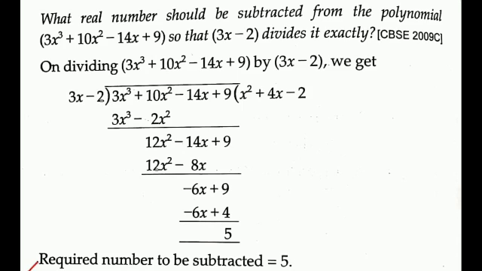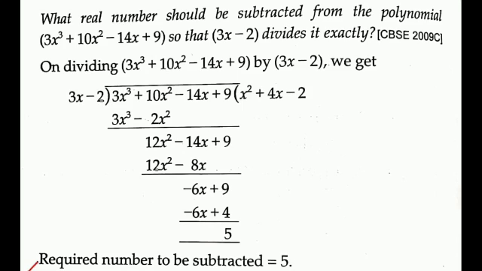And here is the solution. So, here the given polynomial 3x cube plus 10x square minus 14x plus 9 is the dividend and the divisor is 3x minus 2. So let us start the division.